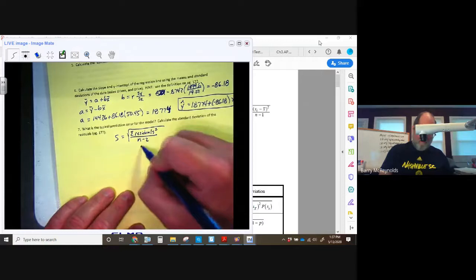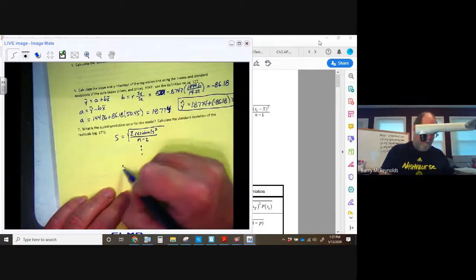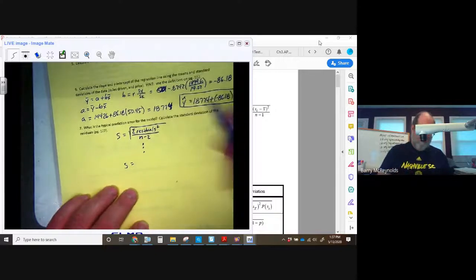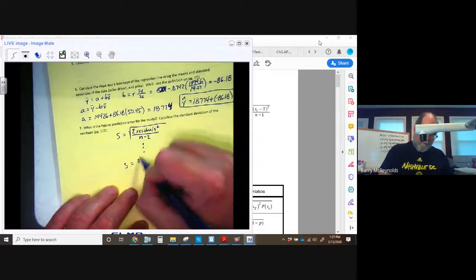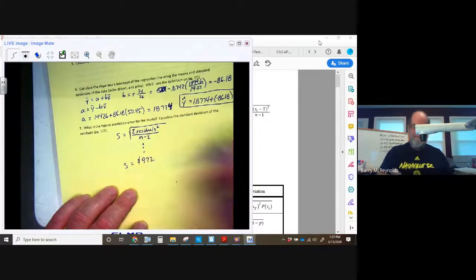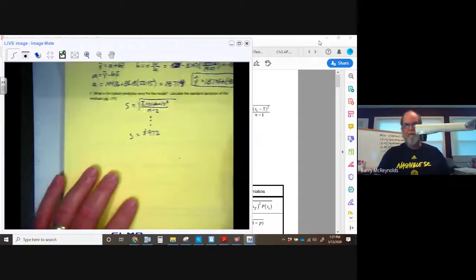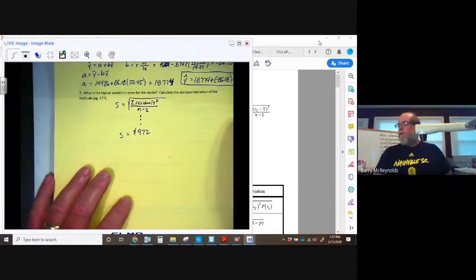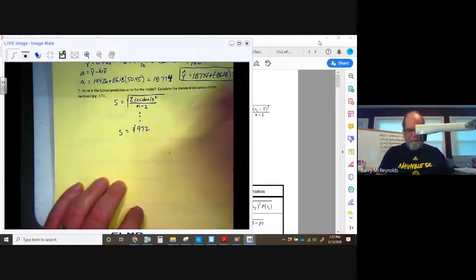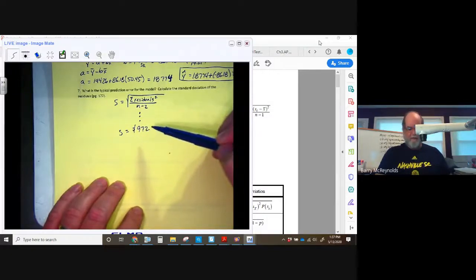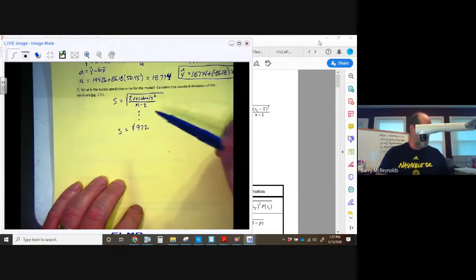And if you do all of those things, and you'll see in my solution, I give you the values and all of that. And that value is $972 when you go through the calculations. Now, you might be asked to interpret, given S is $972, what does this mean?